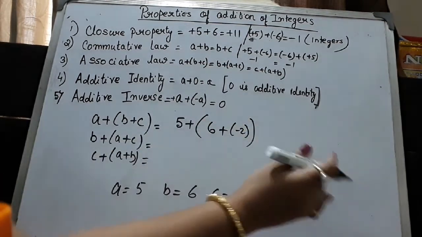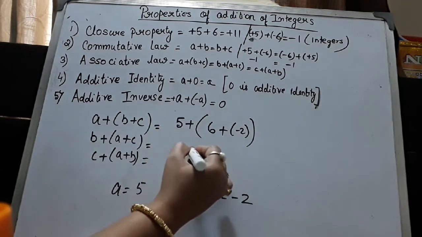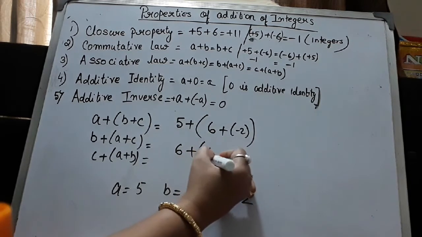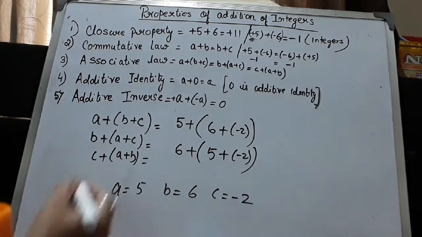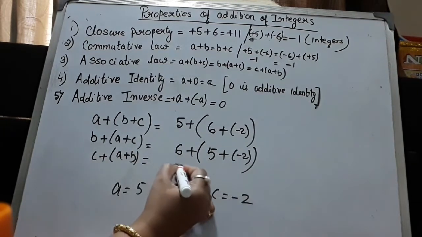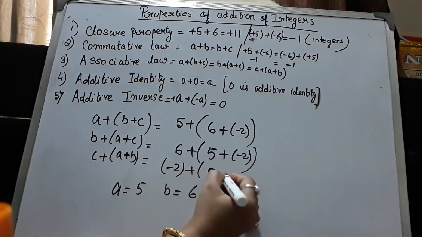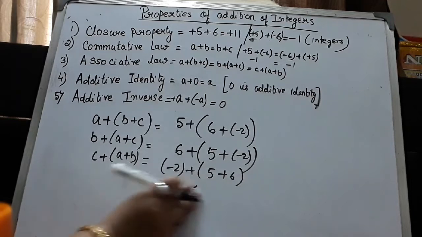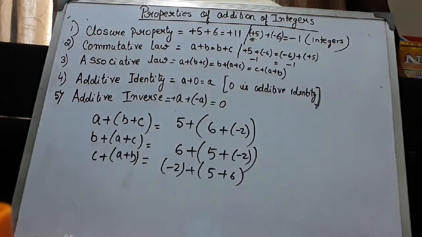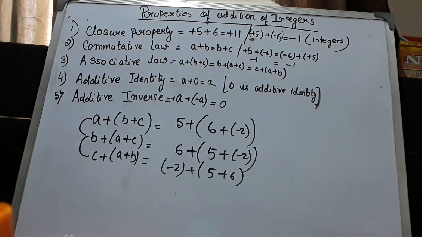Then b plus a plus c: 6 plus 5 plus -2. Then c plus a plus b: -2 plus 5 plus 6. What I am going to prove is that all of these are equal. You arrange it anywhere, but the answer will come the same.